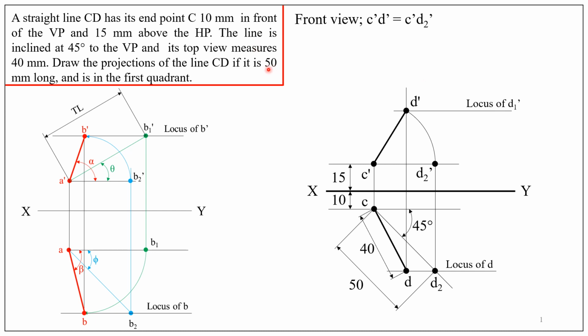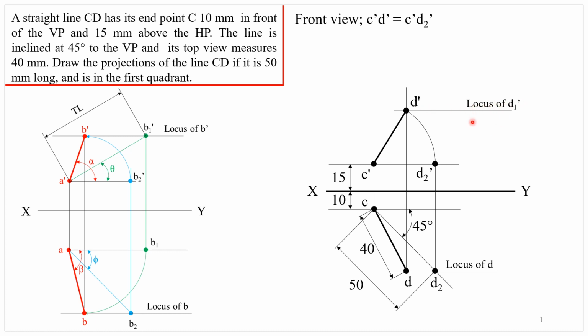And what is this A dash B1 dash? It is the front view of the line, assuming the line is parallel to VP and inclined at an angle theta to the HP. In the problem statement, theta is not given, but true length is equal to 50, and C dash position is known. Definitely D1 dash will occur on this line.